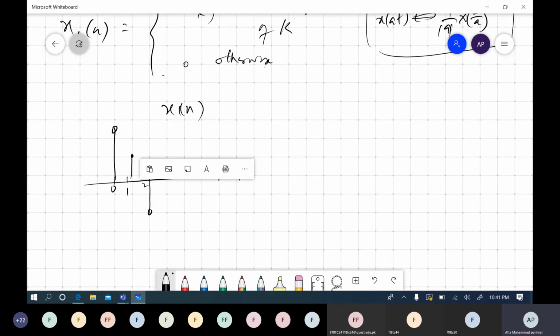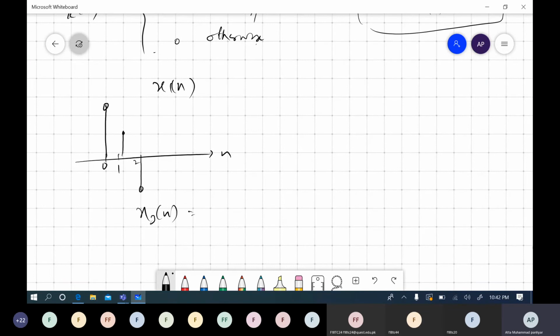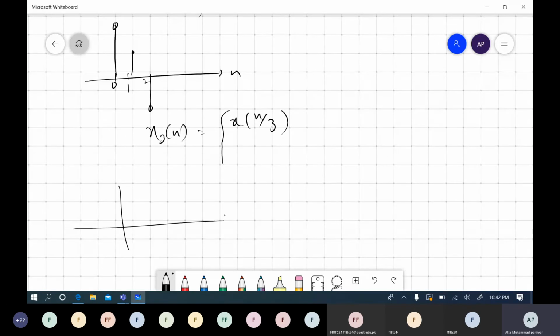Now for example, if we wish to compute x3 of n, this k is 3, right? So this must be equal to x of n by 3, right? Now if we wish to plot this signal, what does it look like? First, if n is 0, then we get 0 divided by 3, which is x of 0. At x of 0 our signal was 2, for example, right?